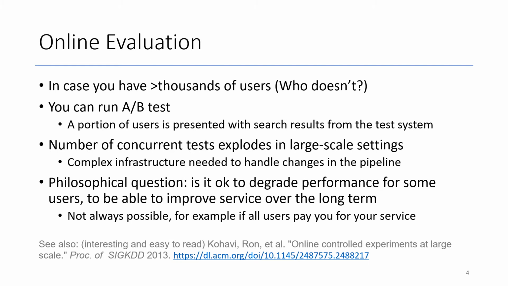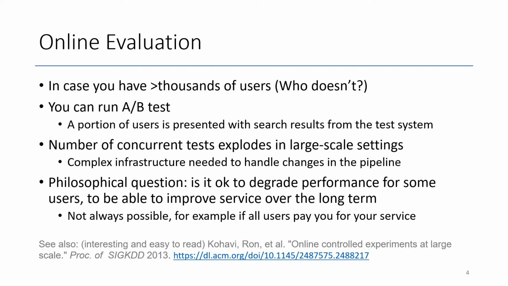This only works if you have thousands and thousands of users to get significant results from your test. To do that, you can run an A/B test, which means that a portion of your users are presented with search results from the novel test system, and the other control group still receives results from your old system.